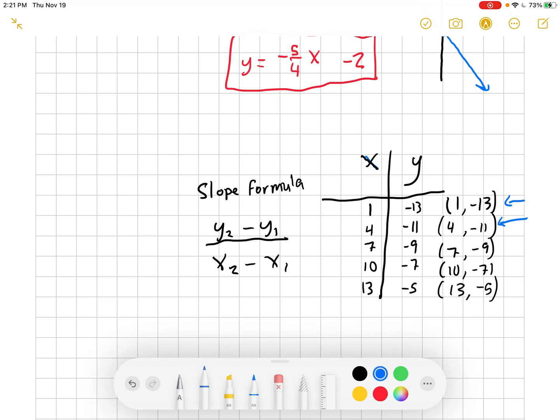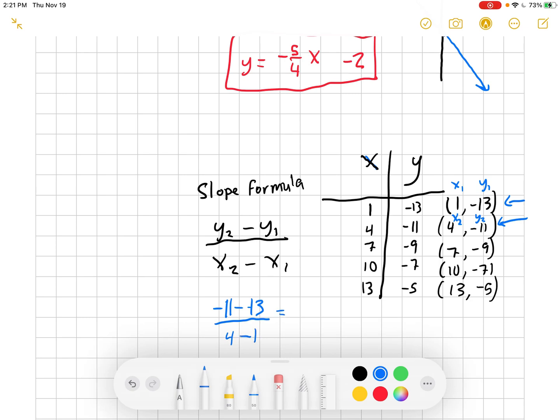So let's go ahead and declare one of the points the first point, and one of the points the second point. All right. From there, we just plug in our numbers. -11 minus -13 over 4 minus 1.